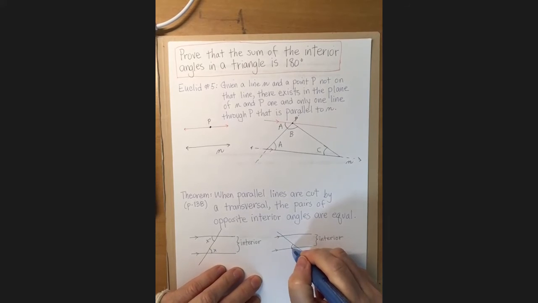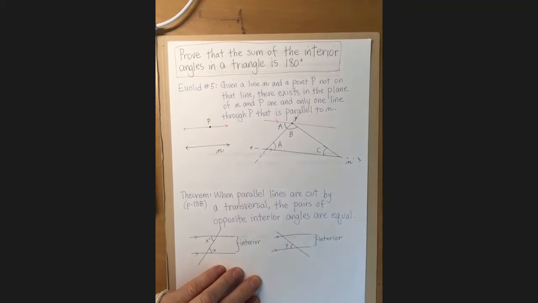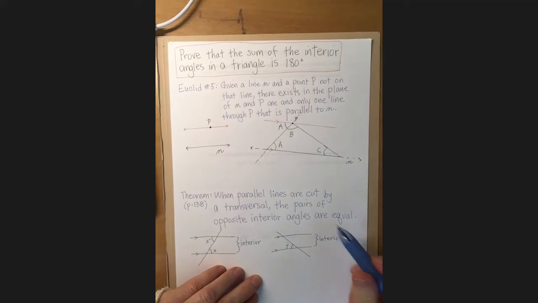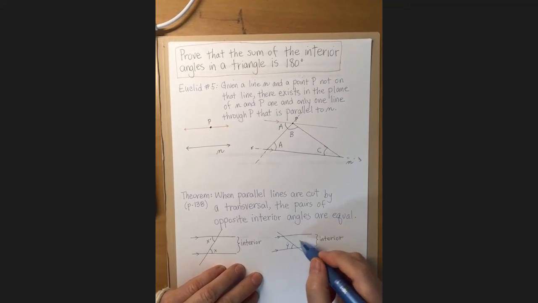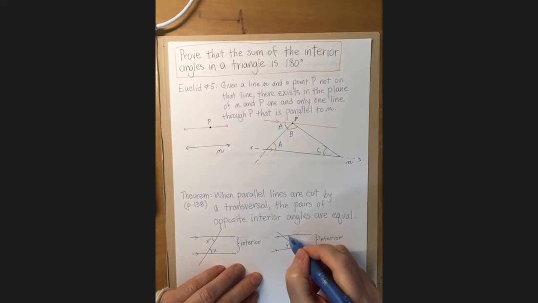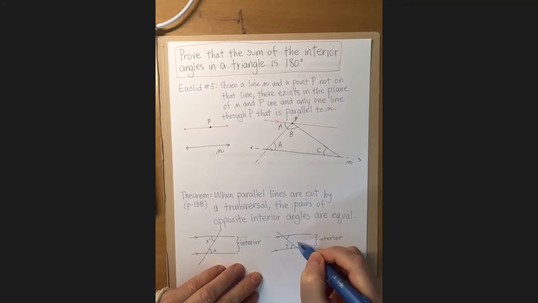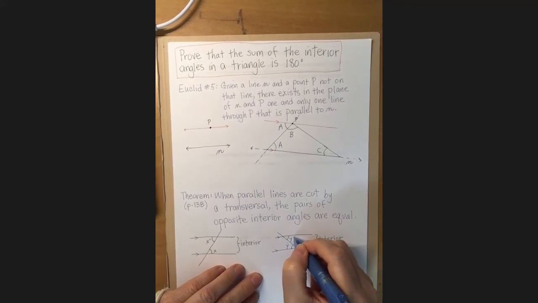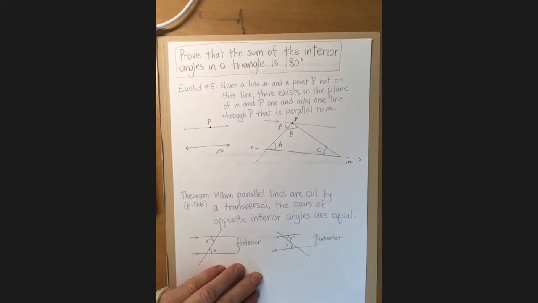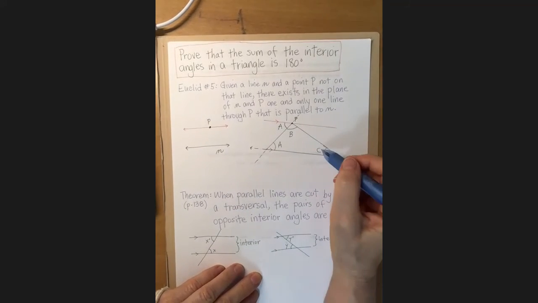And so we're going to look right here and call that angle Y. It's in the same position as angle C in the triangle. And it's equal to the opposite interior angle. It's on the opposite side of the transversal, and it's connected to the opposite parallel line. So this Y and Y prime are equal, which shows us up in here.